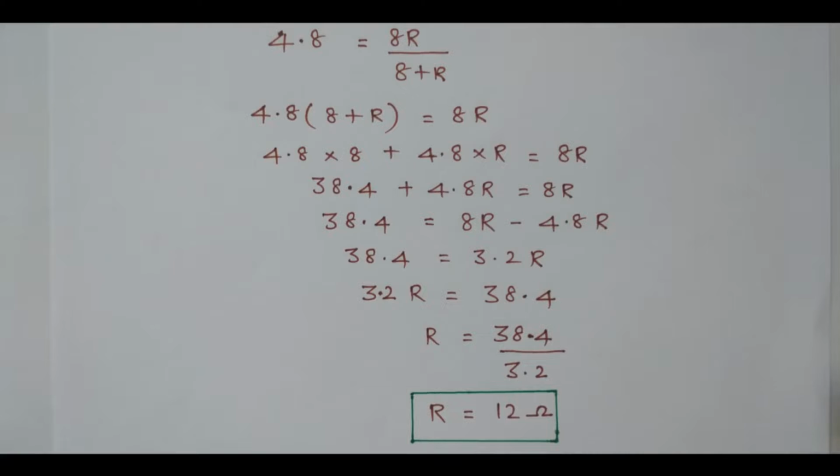So from the series parallel combination, we calculated the unknown resistance as 12 ohm. In this problem, from the given total power, we calculated total resistance of the circuit, then total current. From the combination of resistors, we already know the total resistance, so the unknown resistance R value is calculated. Now we'll go to the next problem.